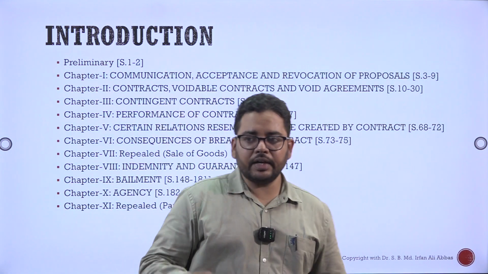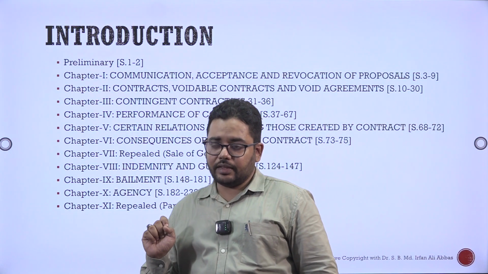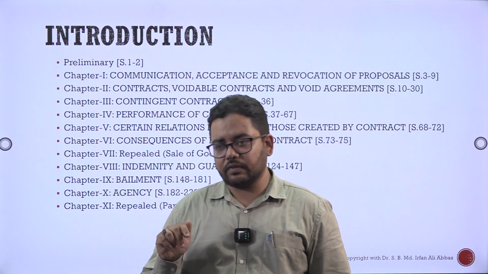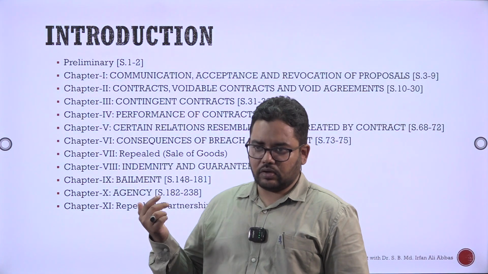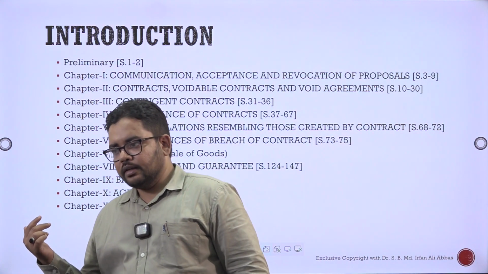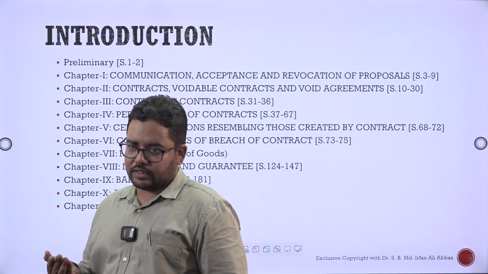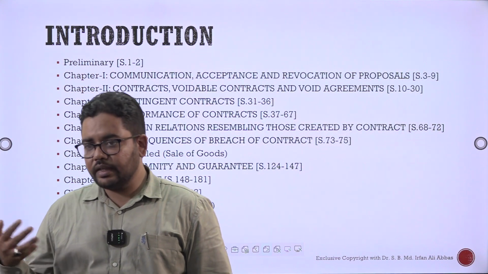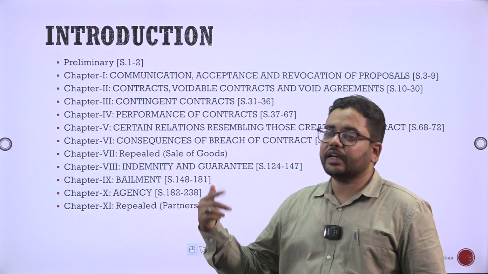Particularly when the consent in the contract is not free, when there are vitiating elements of consent present in a contract. There is a list of those elements like misrepresentation, fraud, undue influence, coercion, mistake. When these are present, the contract may be rendered void by the affected party.